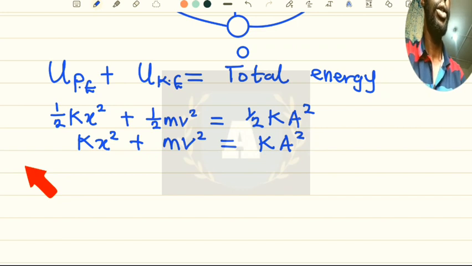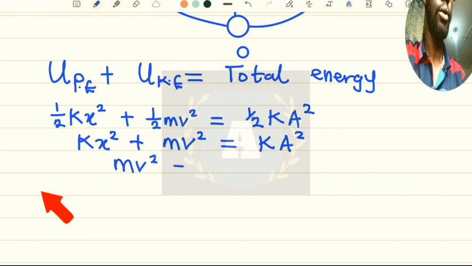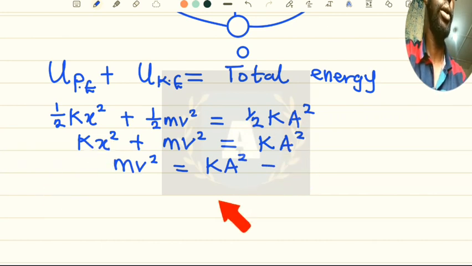Alright, let's bring the K's together. There is a K here, there is a K here. So that our mv squared will be equal to Ka squared minus Kx squared.